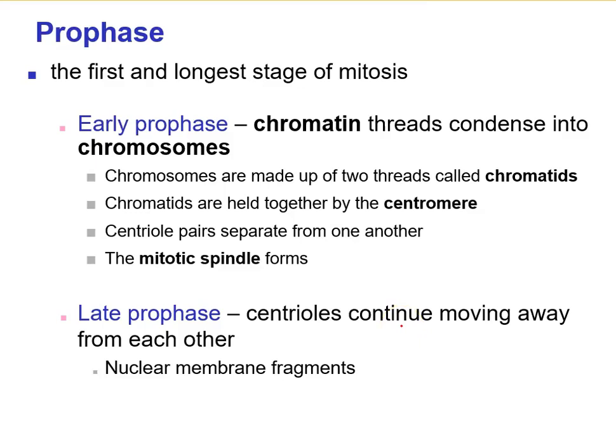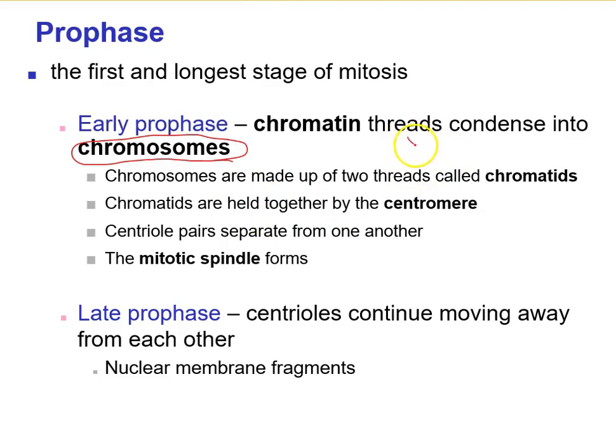Prophase is the first and longest stage of mitosis, and we can divide it into early prophase and late prophase. In early prophase, the genetic material, chromatin, starts to condense, and then we call this a chromosome, making it easier to pull apart later on. Each chromosome is a pair of identical threads, and each thread is called a chromatid.